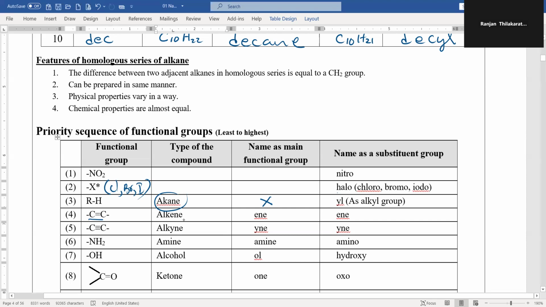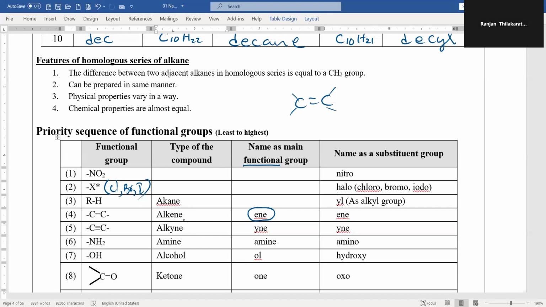But in alkene, this double bond is not considered as a functional group, but when we name them, we give a special name to that. So we can consider it as a functional group, but really it is not a functional group. Then ene is added. So if you have two carbon, then we are adding the ene suffix to that.